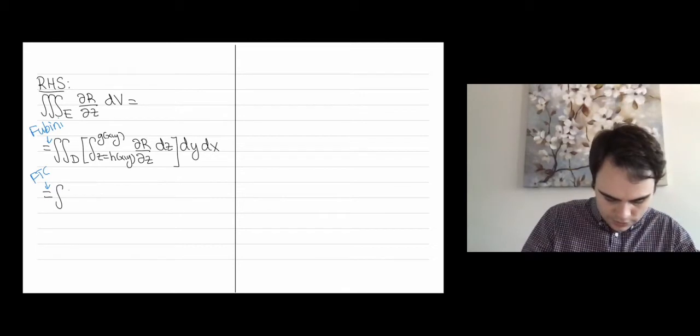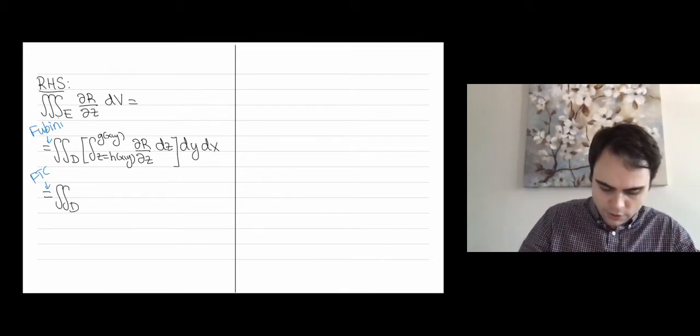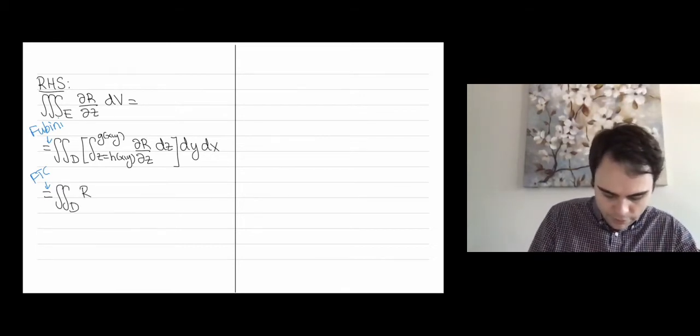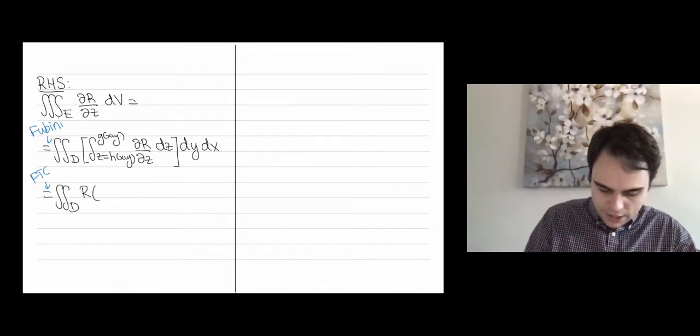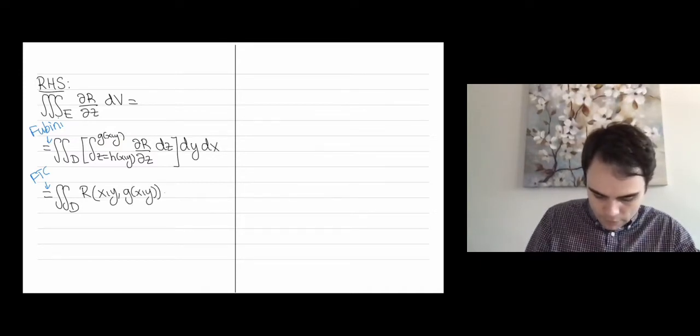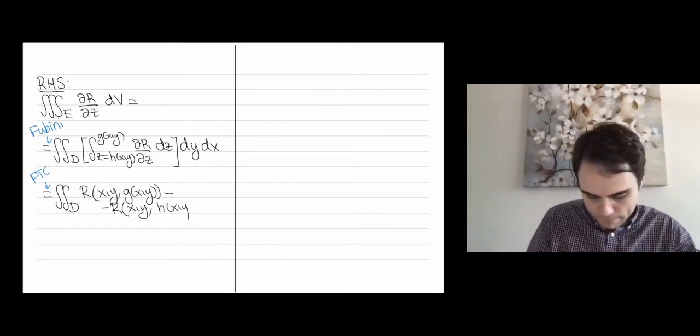So the inside integral just becomes R evaluated at the top. So x and y are fixed, but z here is evaluated at the top. I get this, minus R evaluated at the bottom. So x and y are fixed, but now z is equal to h of x, y.